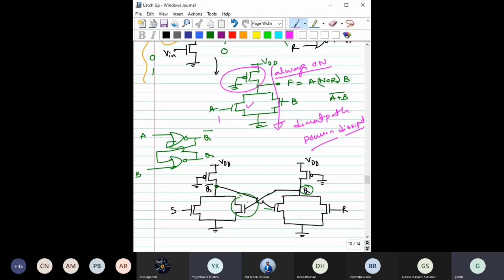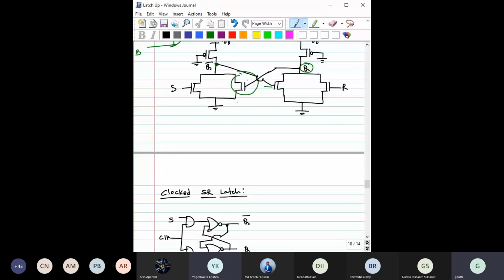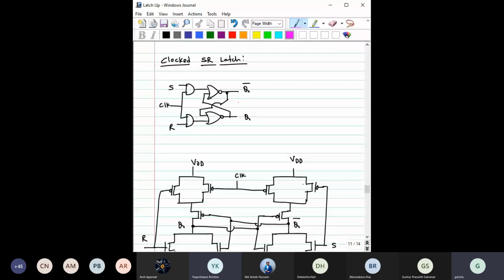Is this part clear to you, the SR latch? Now it is a clocked SR latch, because so far we do not have a clock input.